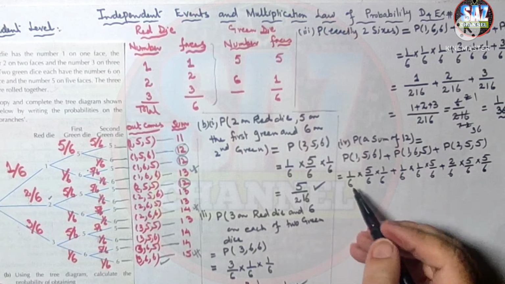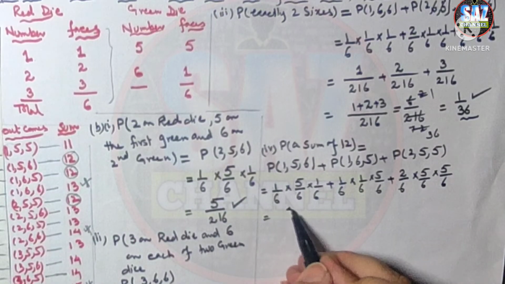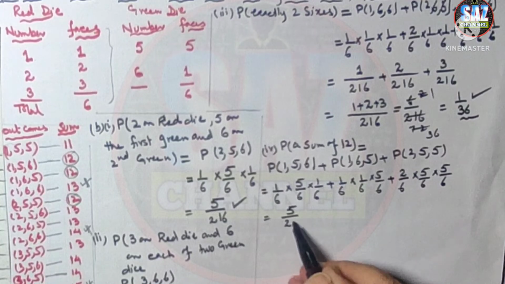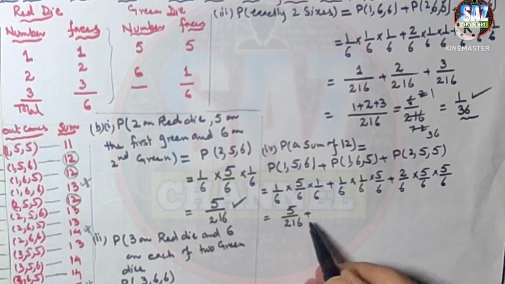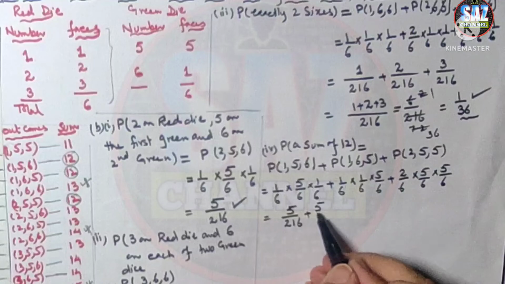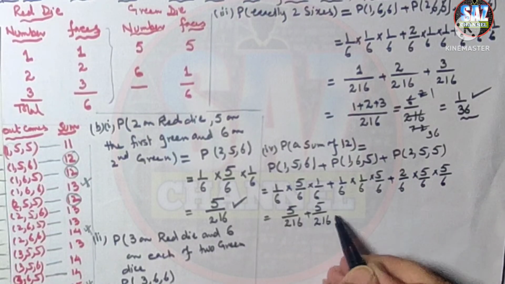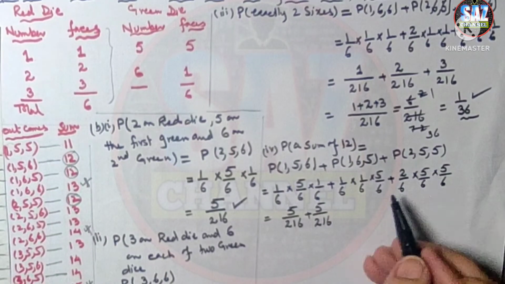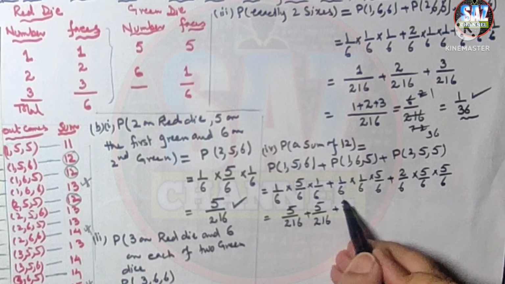Okay, this will give me 5 by 216 plus again 5 by 216, and 5 fives are 25, twos are 50, 50 by 216.